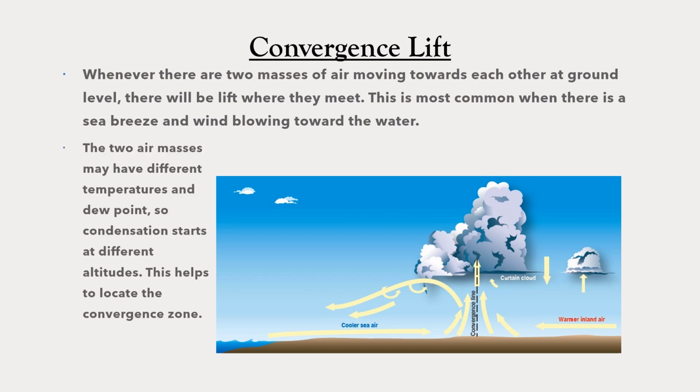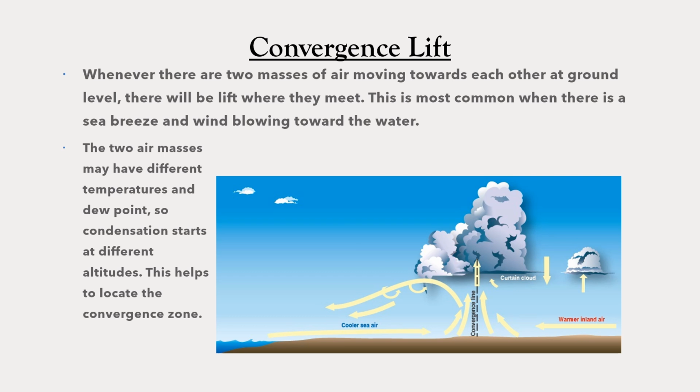So one way to spot that line: the two air masses will tend to have slightly different dew points. And as the air rises, when the air reaches the dew point, a cloud will begin to form, but it'll often begin to form at a slightly different height on one side of the convergence line than on the other side.